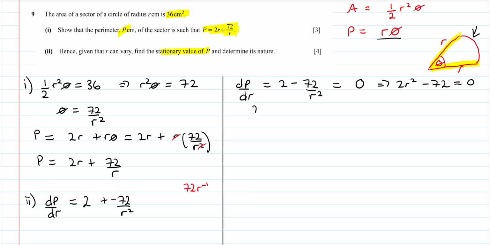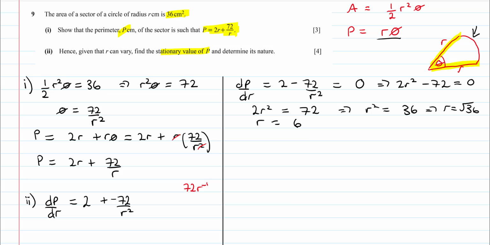So therefore 2r squared is equal to 72, and divide both sides by 2, so r squared is equal to 36. So r is just equal to the square root of 36, and we're just taking the positive square root because a radius has to be positive because we're dealing with a length. So therefore r is equal to 6.